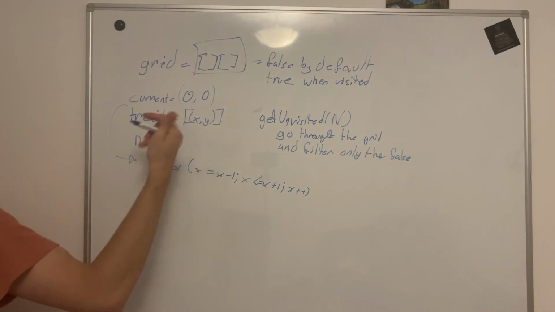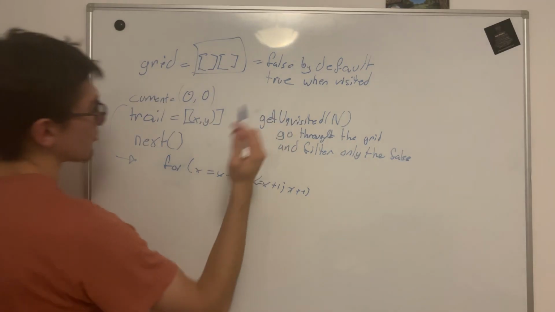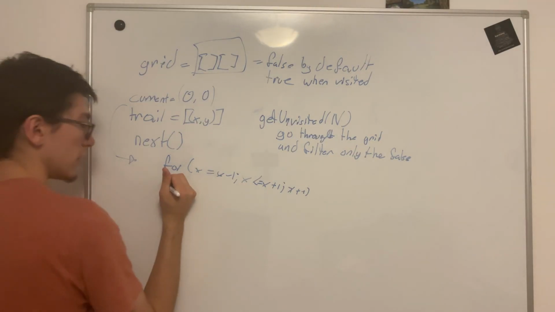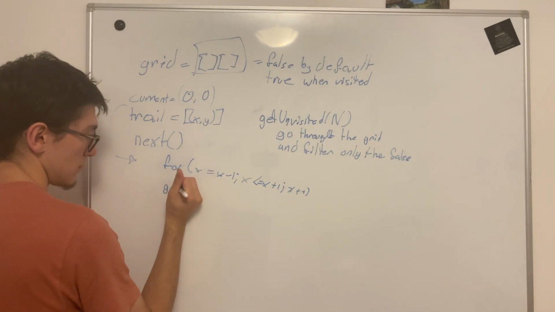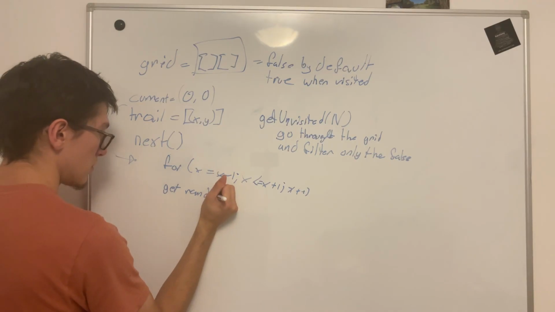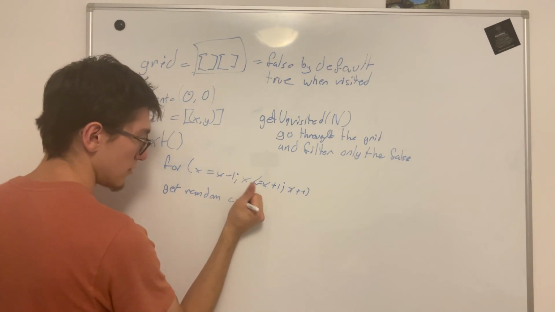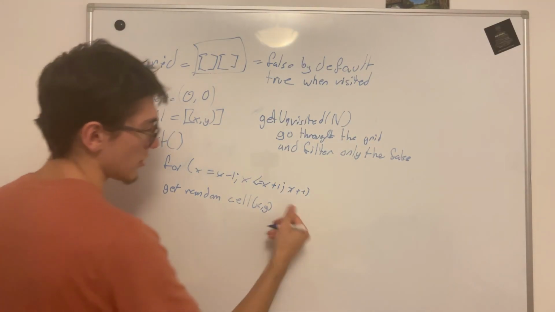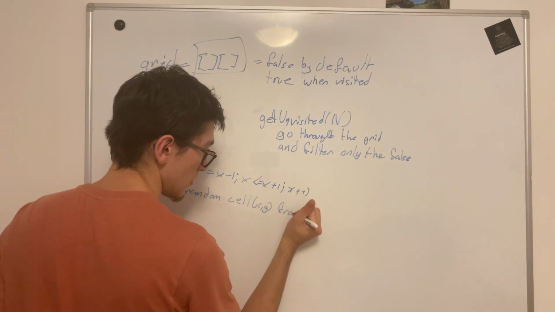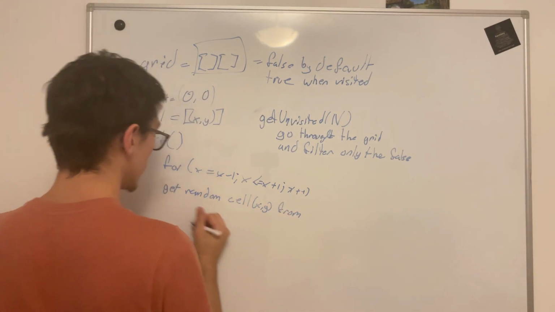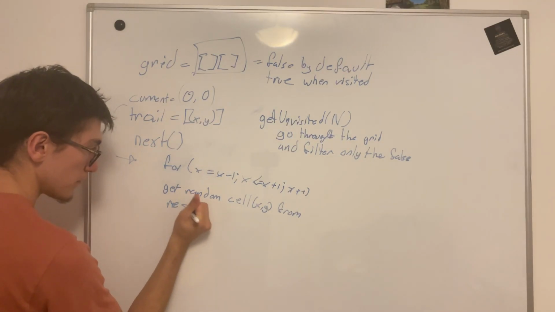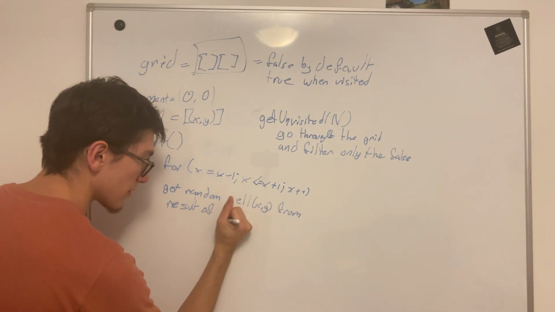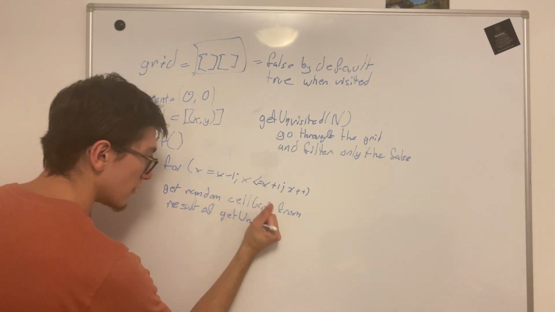Get those into a neighbor array, pass that neighbor array to get unvisited, and then query get random cell (x, y) from the result of get unvisited.